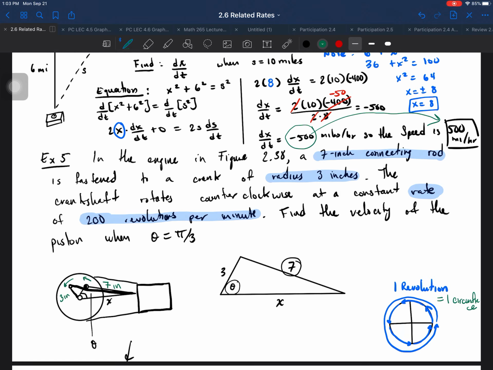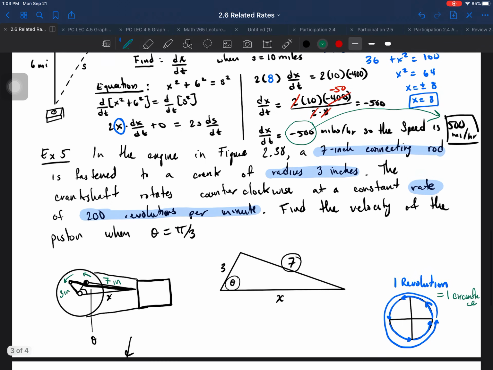So the next example, we're going to talk about an engine that is referred to in figure 2.38. So this is your figure right here, right there, and right there. Now it's important for us to get familiar with the type of problems that we have, but you don't have to be a mechanic to be able to answer this question.